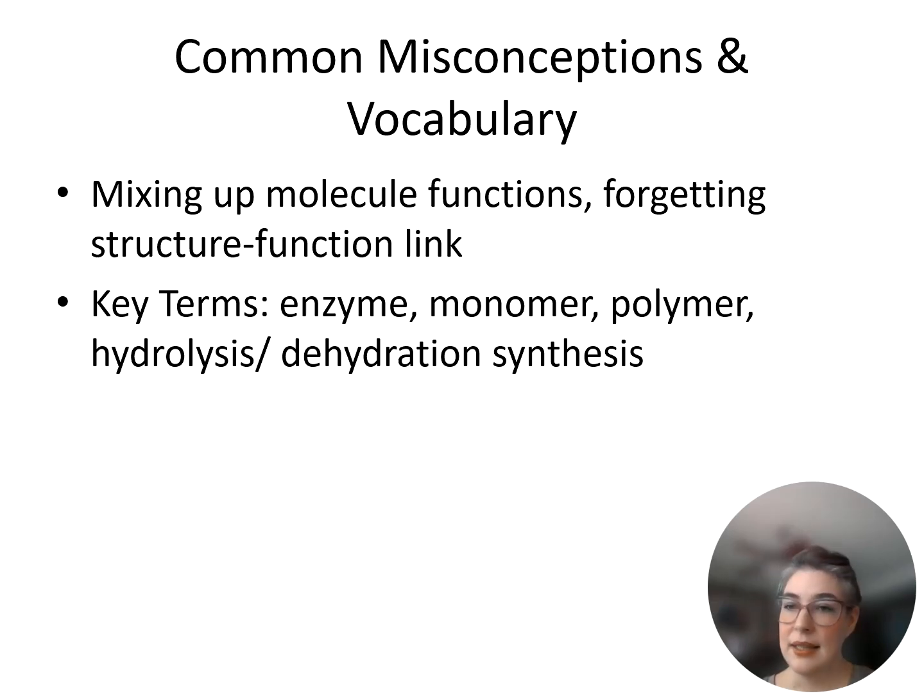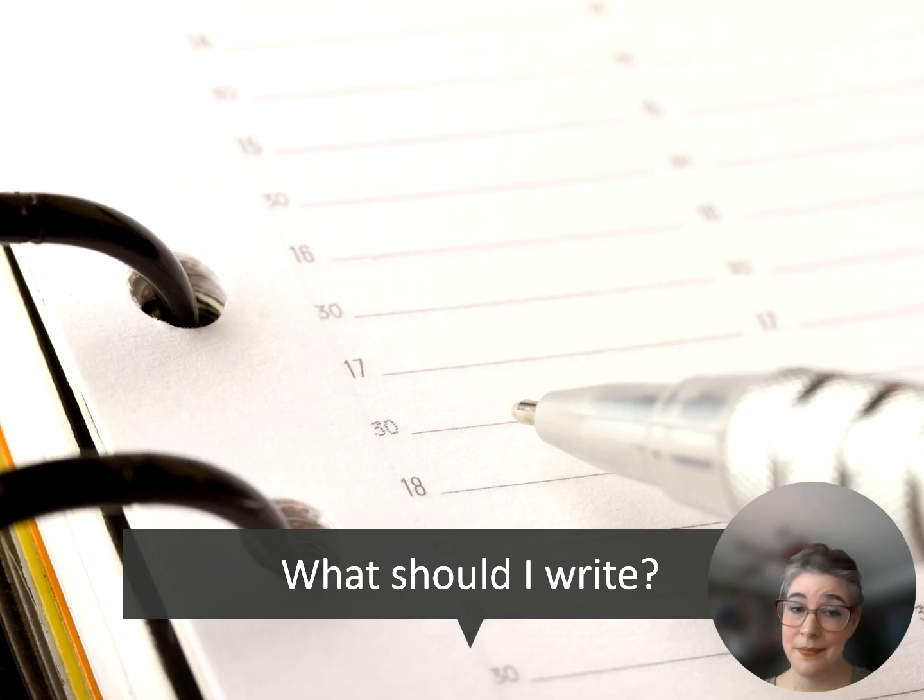So let's take a minute and think about, what should I write? So you could go to your textbook, or you could go to Google and just type in the words and go definition. Or let me help you out.